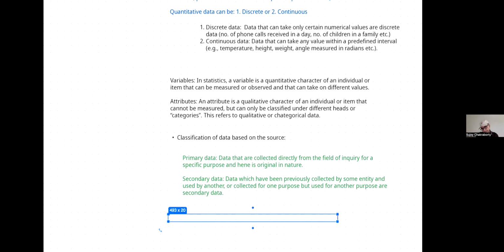So for example, polling or survey, right? Or whatever, like if you collect information from a group of people, you measure some attributes or some characteristics, let's say we collect the height of individuals in a group, right?